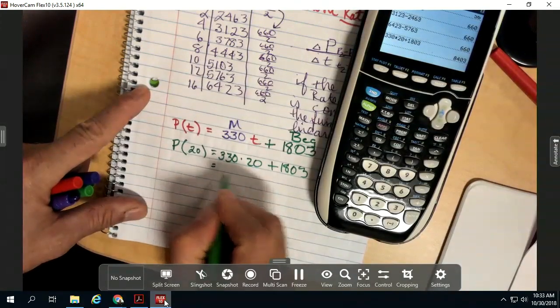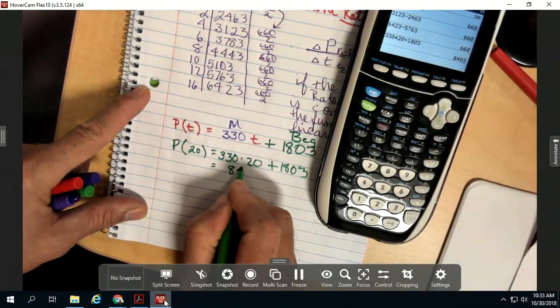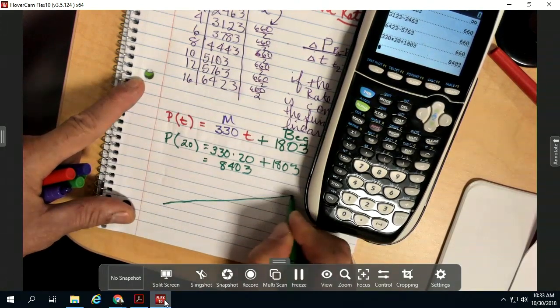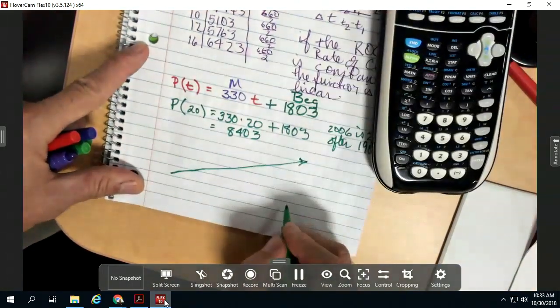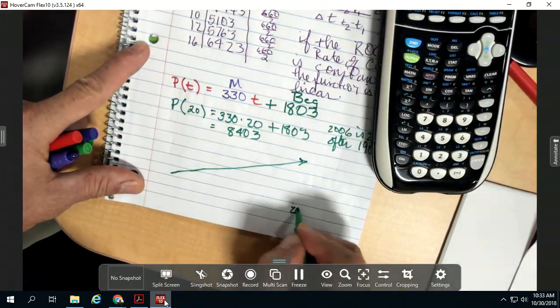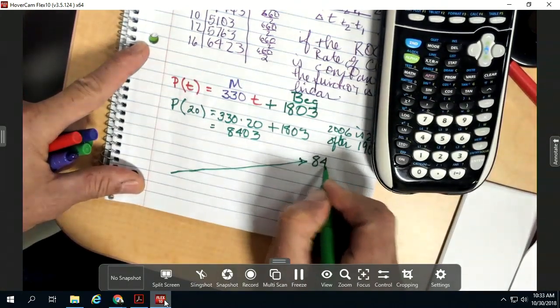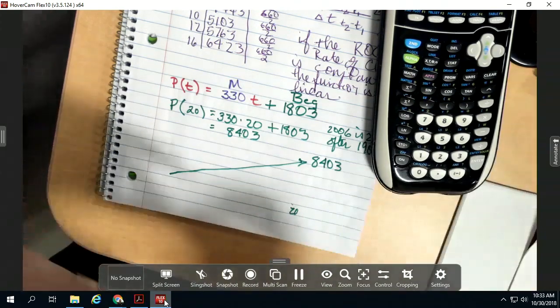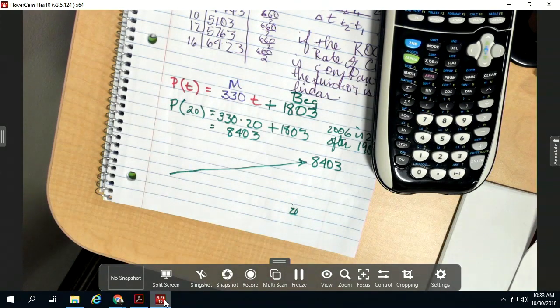And we get 8403. So if we follow our linear model, after 20 years, we expect to have 8,403 eagle pairs. How many did we actually have?